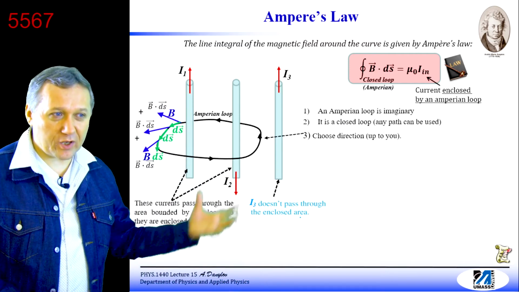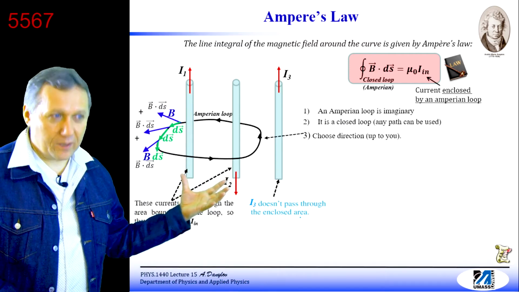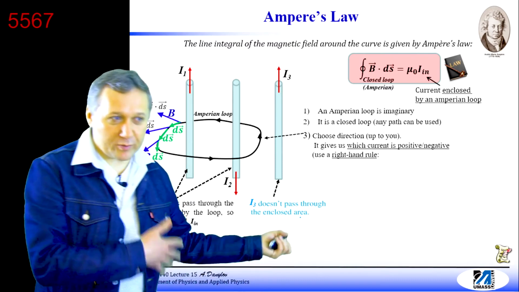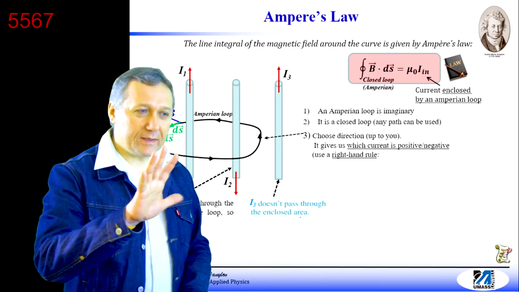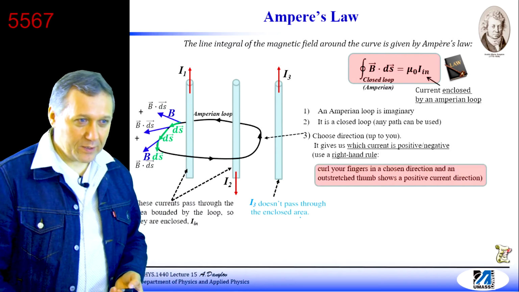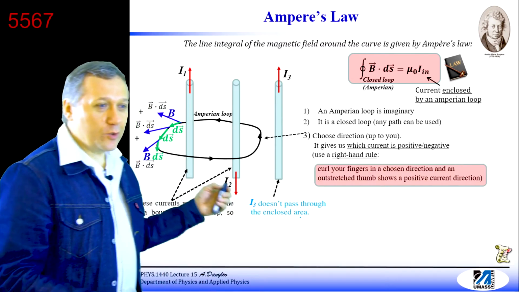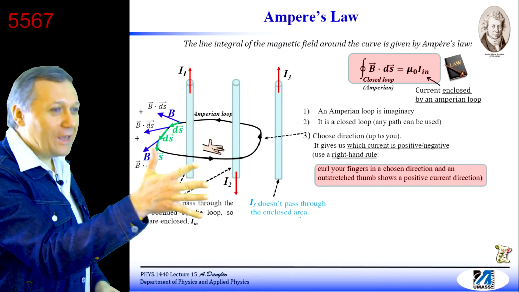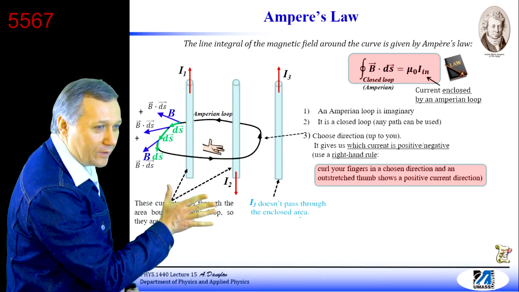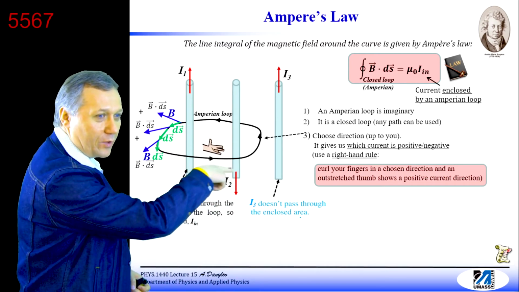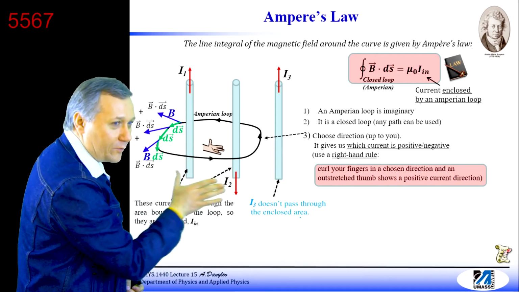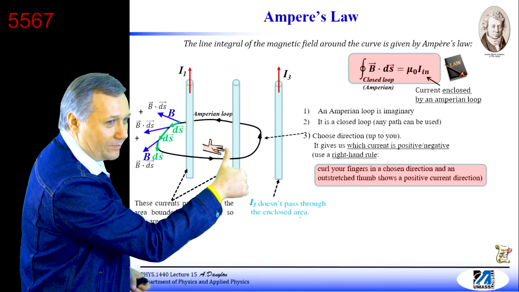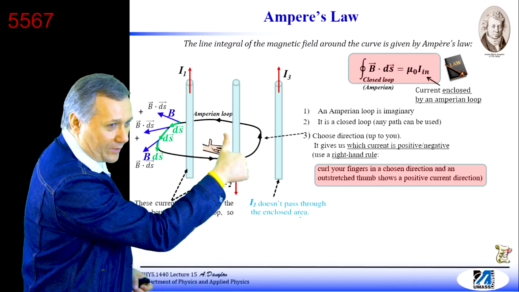So how can we decide which current is positive and which current is negative? Right-hand rule number 2, basically. Again, we're going to apply the same right-hand rule, which we just introduced a few slides ago, but sort of in the reverse direction. So how is it done? You take your right hand and curl it in the direction of integration. You see, you have a direction of your Amperian loop, right? So curl your fingers along that direction, and the outstretched thumb gives you the direction for a positive current.